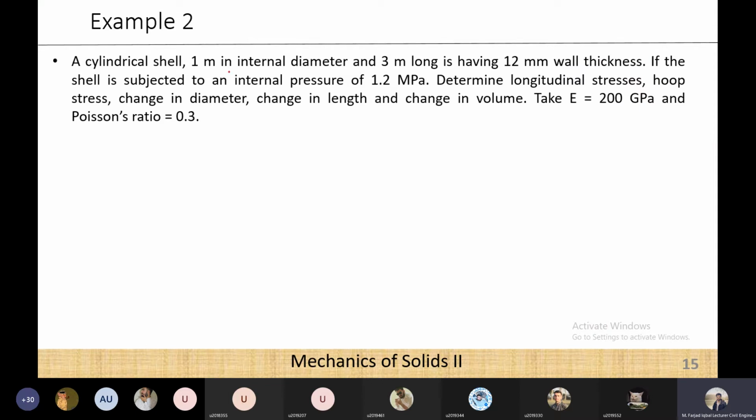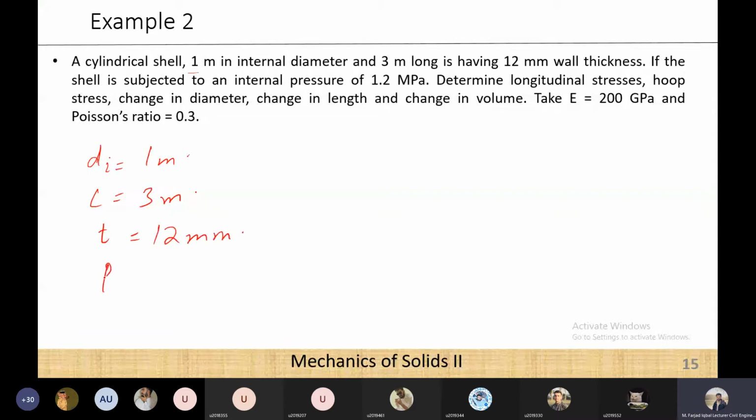So in this question, we have been provided with a cylindrical shell or cylindrical element having an internal diameter of 1 meter. The length is given to us as 3 meter and wall thickness is 12 millimeter.